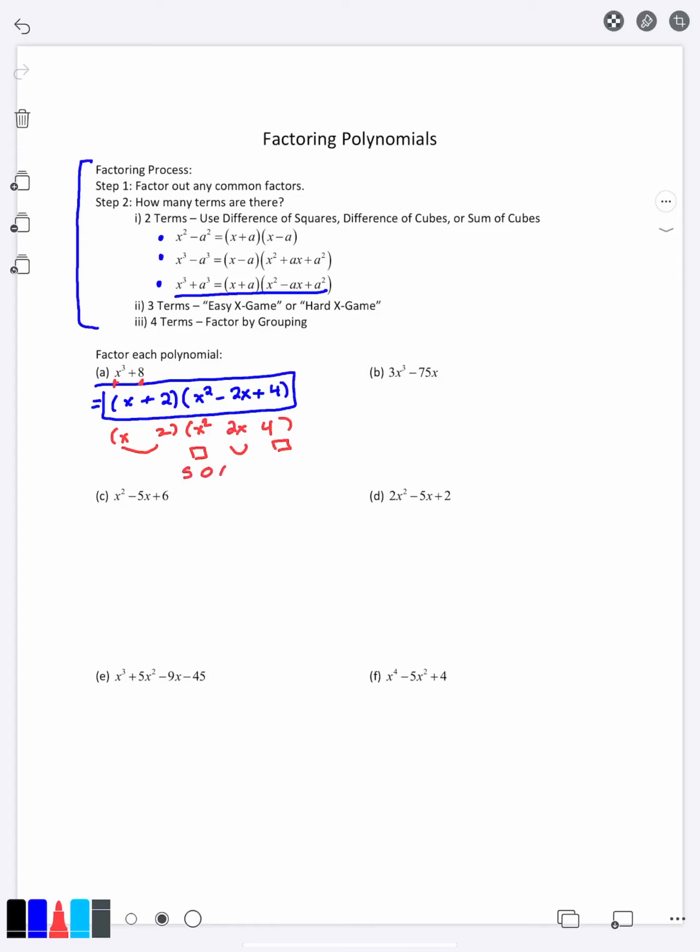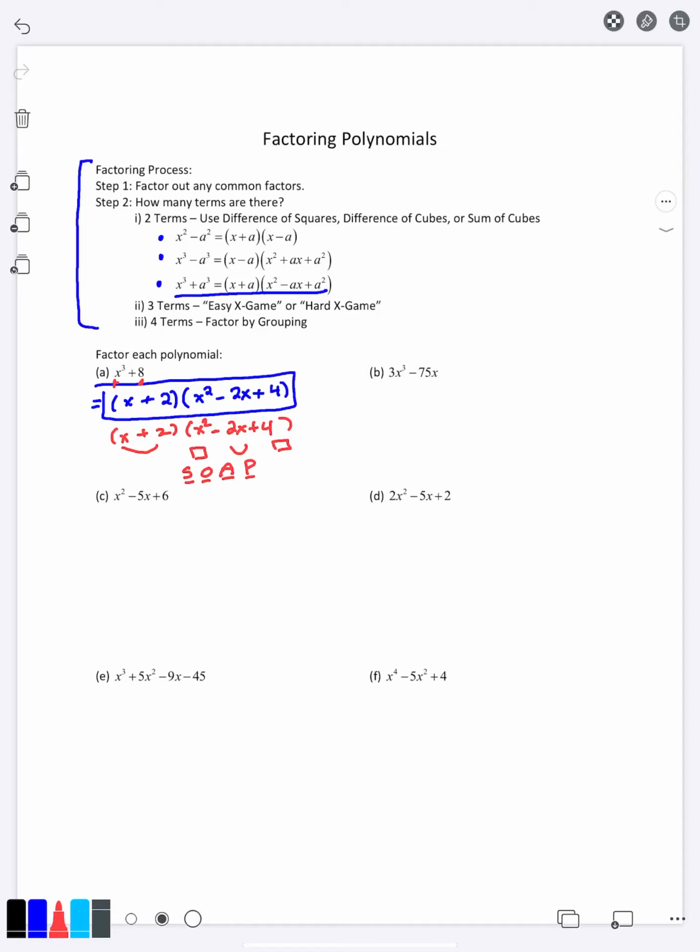And then don't forget, you have to have your SOAP. This means same, opposite, always plus. So this is the same sign as what you started with, this one's always the opposite, and this one's always plus. So if that helps you remember it, great. If you memorize the formula, great. If you work it out without the formula, go for it. But knowing the formula can definitely save you time on those.